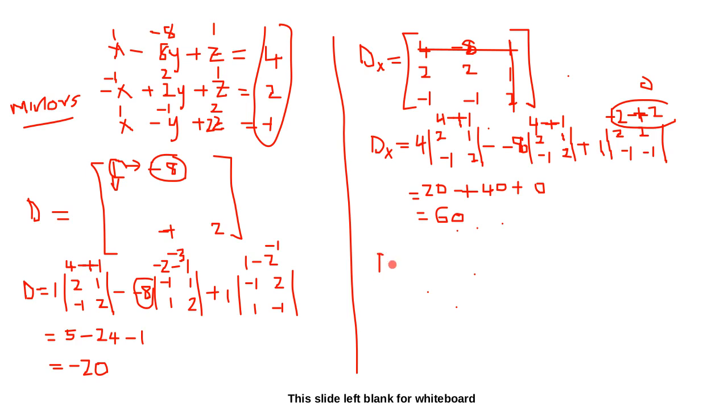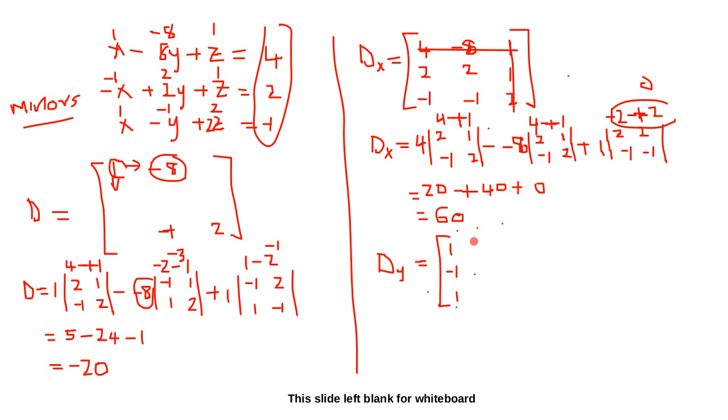Again, remember we are using the coefficient matrix. So in the coefficient matrix, we'll use all the other elements except the elements in the y column. So if we are using all the other elements, we'll have 1, negative 1, 1.